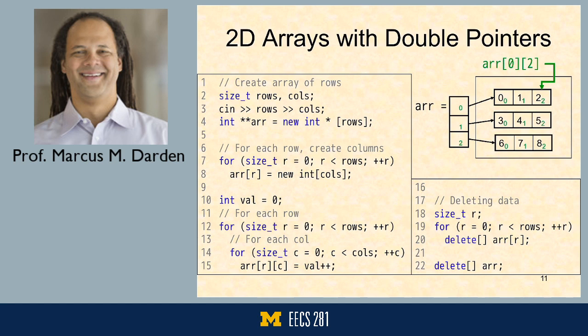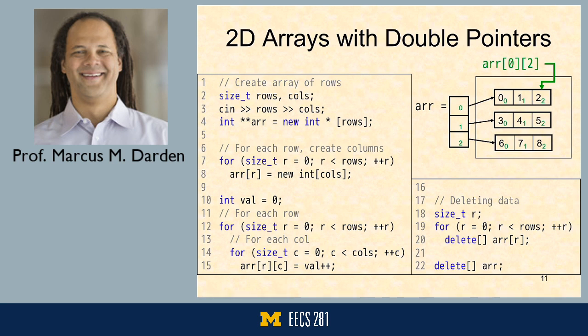So this is an array of int pointers, right? The square brackets from new square brackets says I want an array of these things. These things are of type here, int pointer, and the name of the array is R, right? And I'm going to use this rows value to tell me how many things are in the array. All right, so this one uses double pointers.